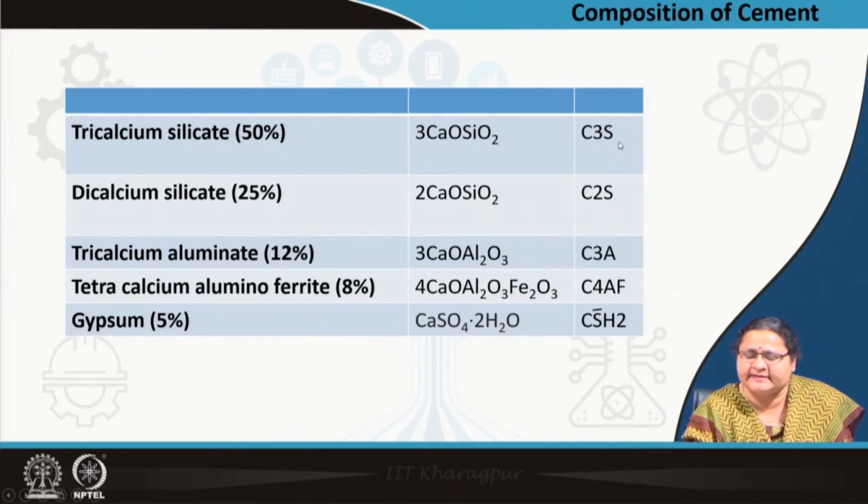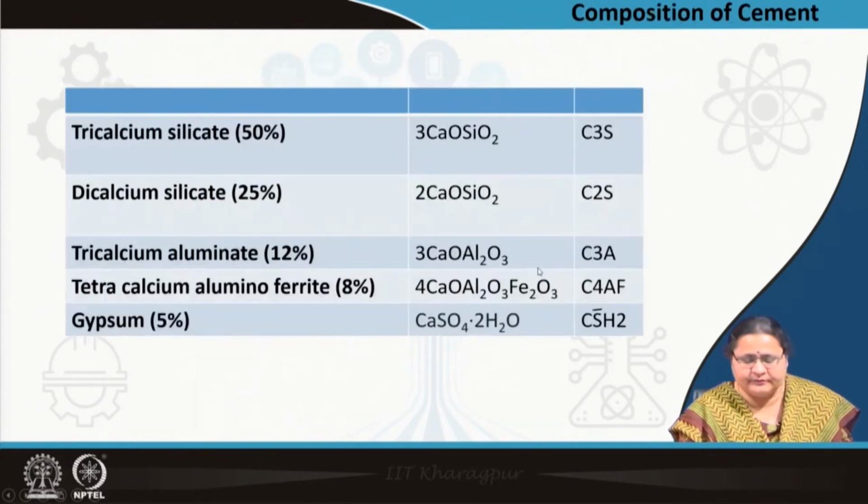So, this indicates tricalcium silicate. This is dicalcium silicate and the abbreviation is C2S. If you see tricalcium aluminate, you see C3A, and you see tetracalcium aluminoferrite, it is 4CaO.Al2O3.Fe2O3. So, it gives C4AF.